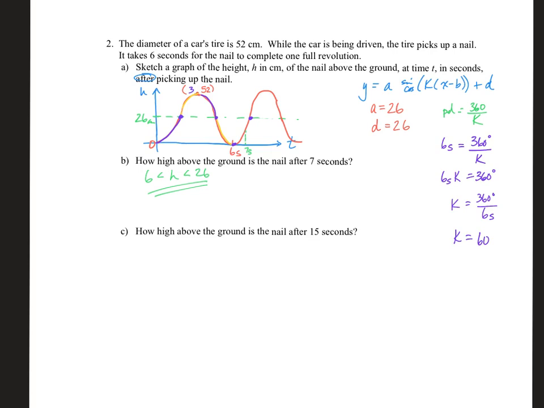But when I put my units in, I'll notice that that would be degrees per second. And so when I find that k value, it is going to be a way that we can now substitute in and convert all of our units into degrees.